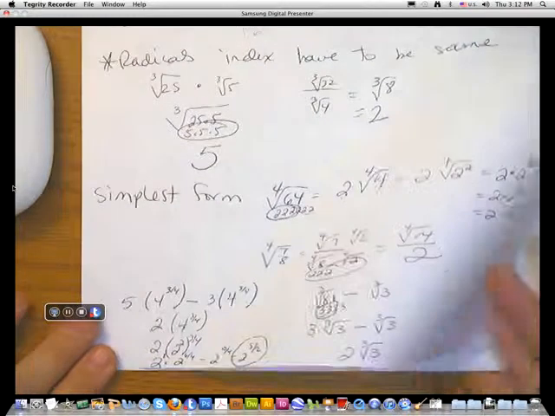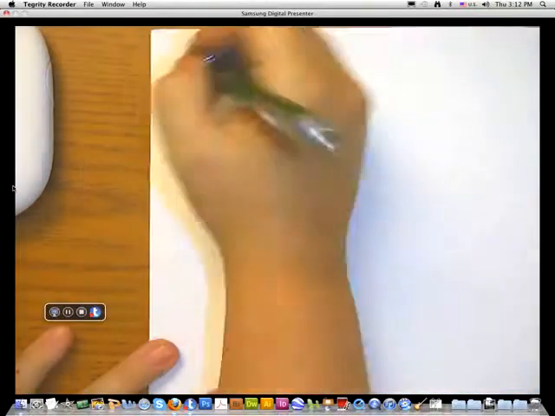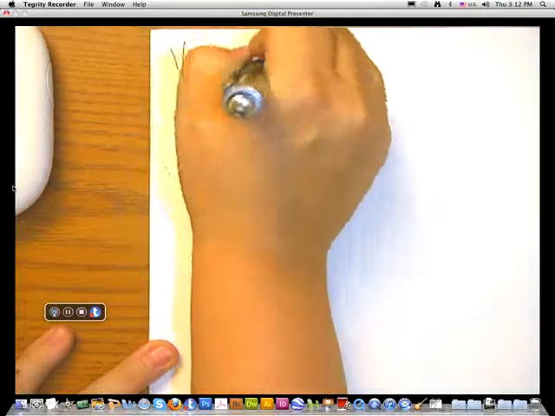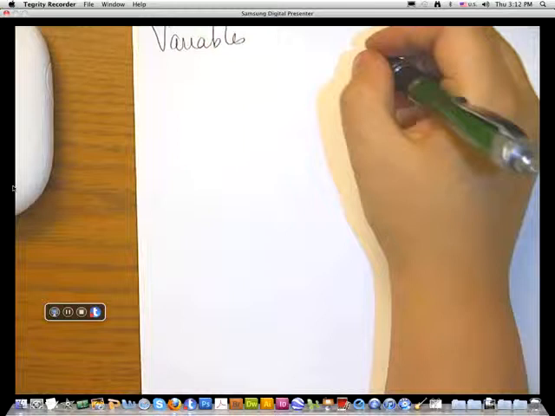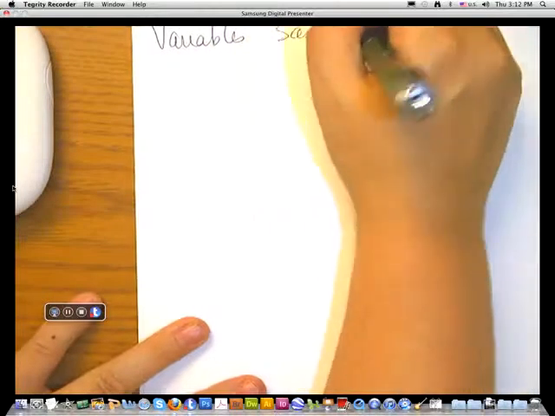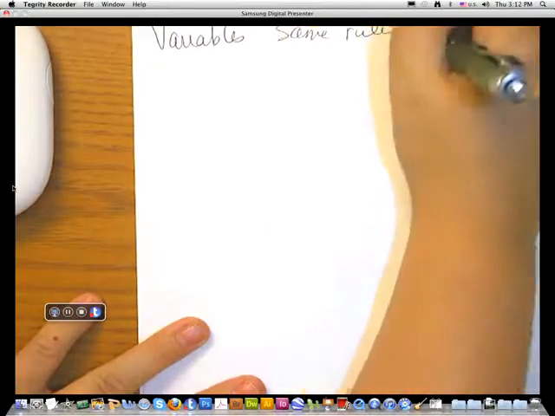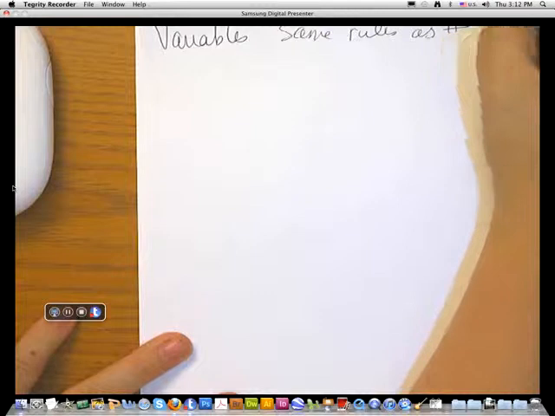And the only way you get better at these is just to do them. Do them over and over and over again. So let's look at variables. Variables are the same rules as numbers, but easier.